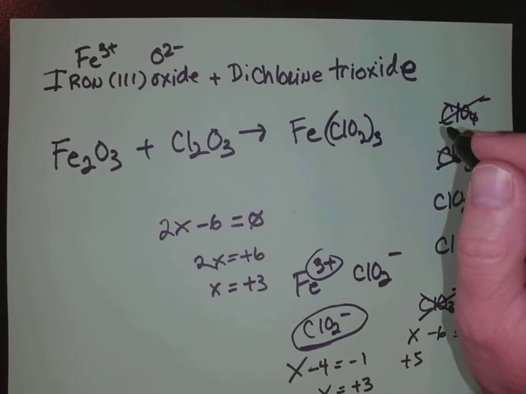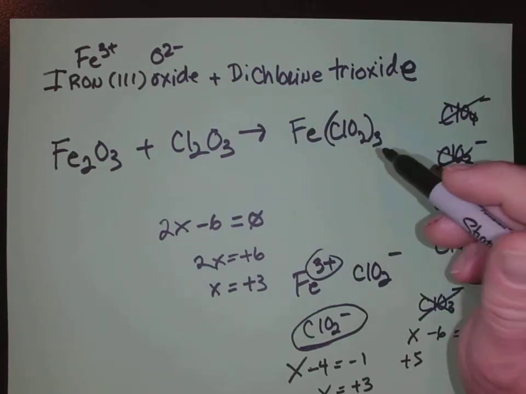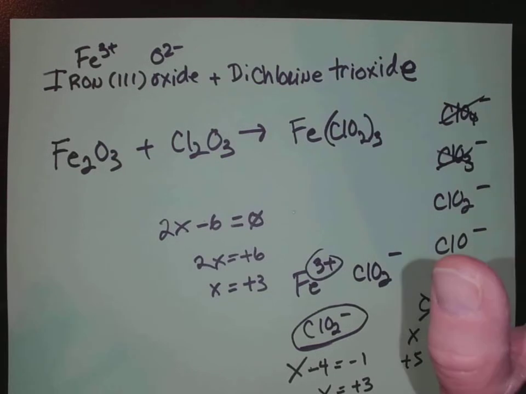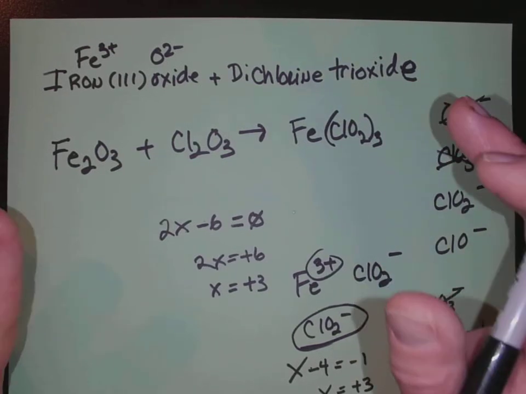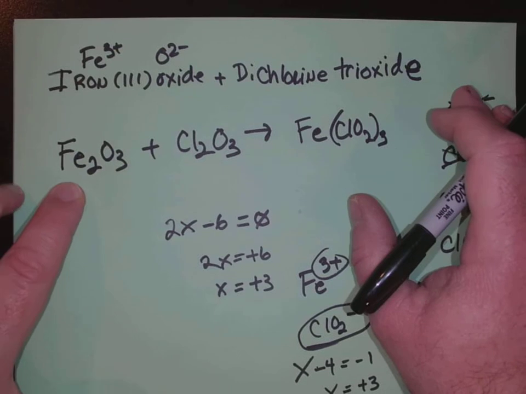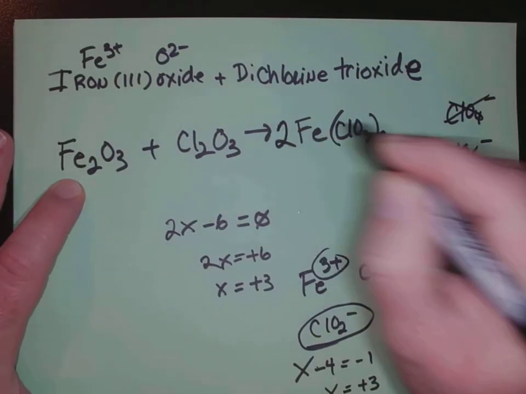Okay. So we have to go back and look at the states and balance the thing. So let's balance it first. So again, if we did this right, it should not be very difficult to balance. So we have 2 irons here, we have 1 iron here. So we put a 2 in front.